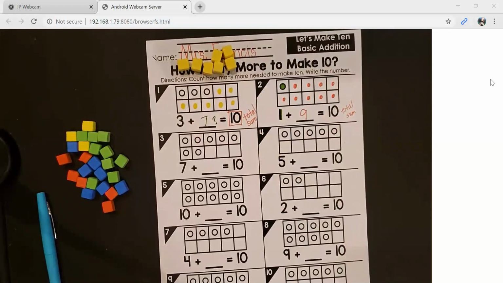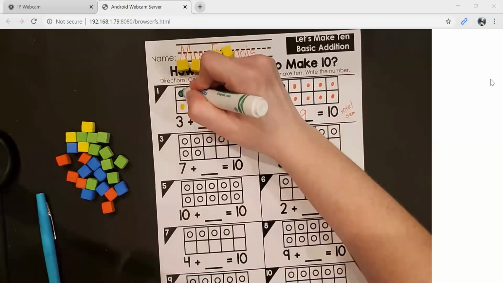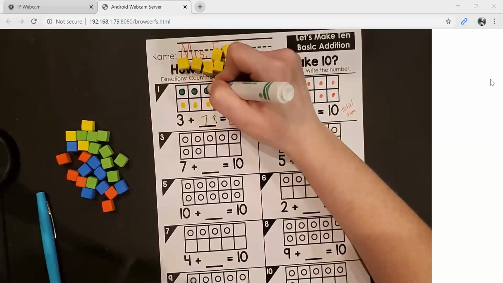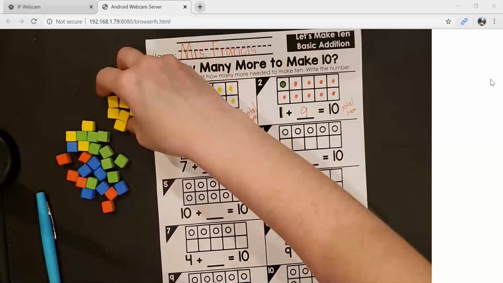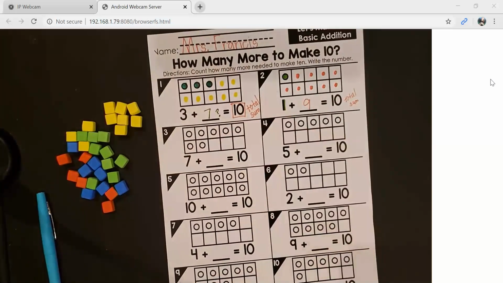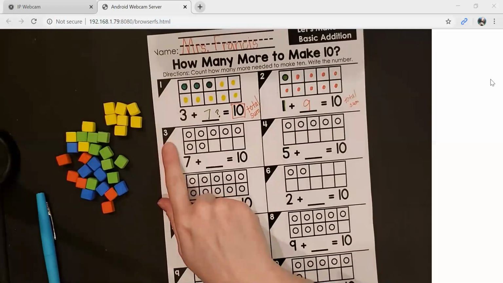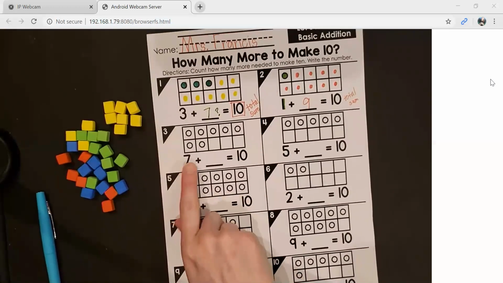So you can go back in and color in even after you've used manipulatives to show what is happening so you can see it a little bit better. Okay, let's do that on a few more, and then I'll let you finish this one on the rest on your own, okay?